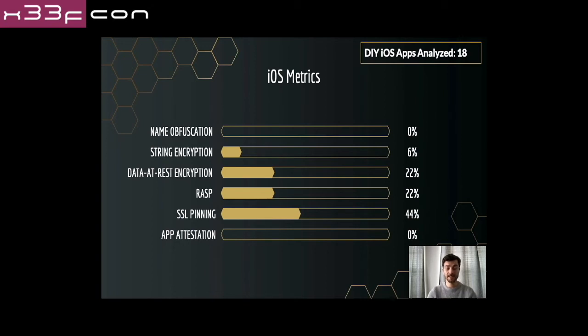Now, what you can see is that most of these features are implemented very conservatively across the applications that we analyzed, and app attestation and name obfuscation just simply don't appear at all. So once again, on the iOS side of the house, we are very quickly realizing that robust security does not seem to exist inside of the majority of these contact tracing applications.